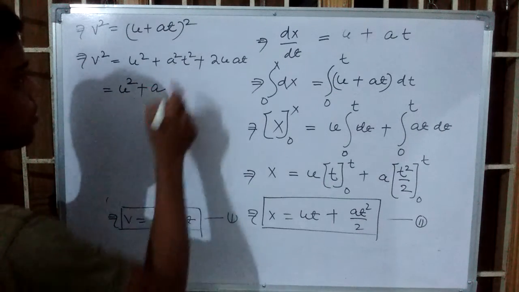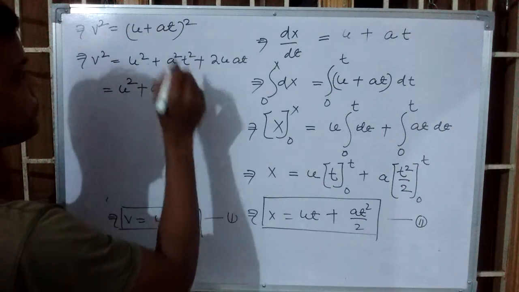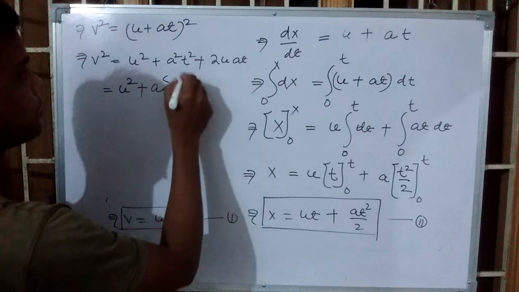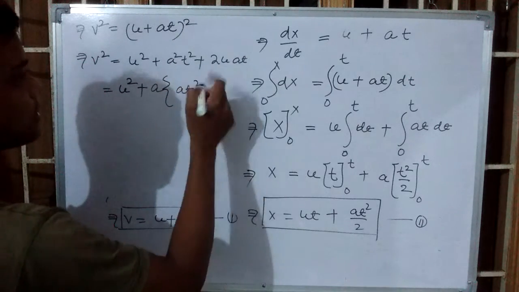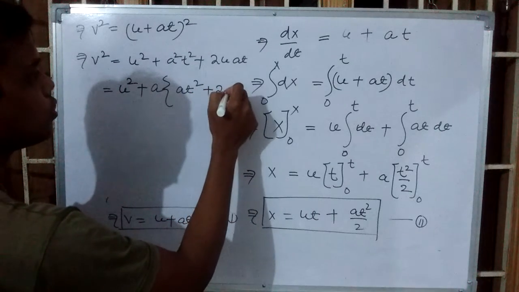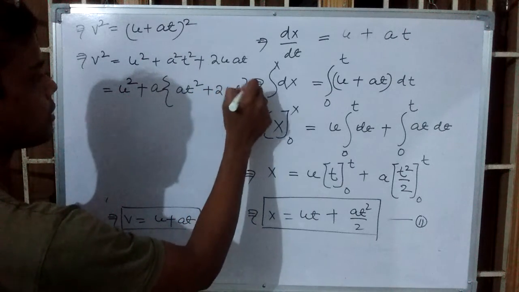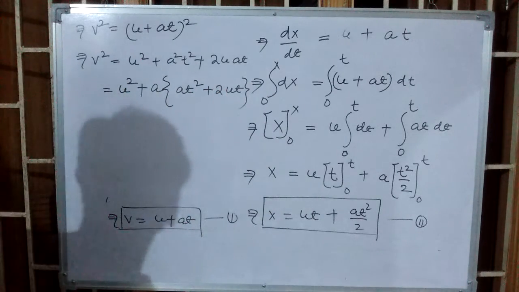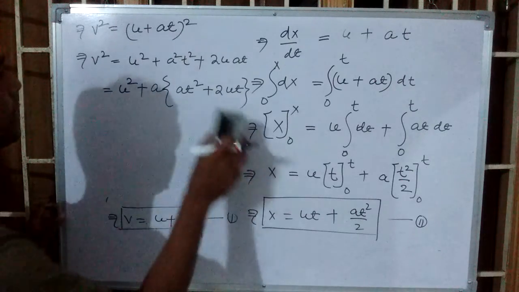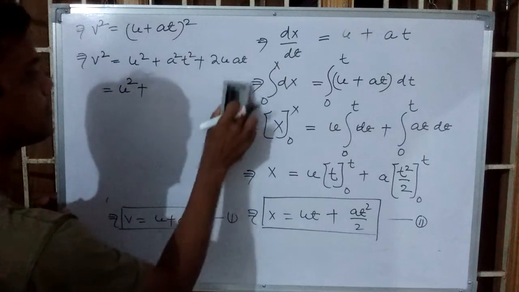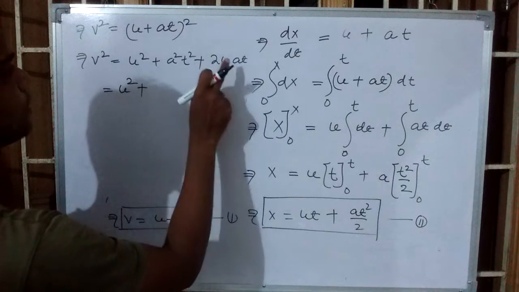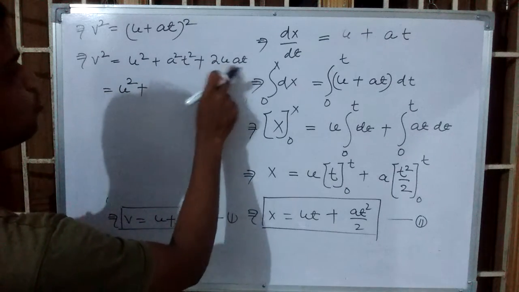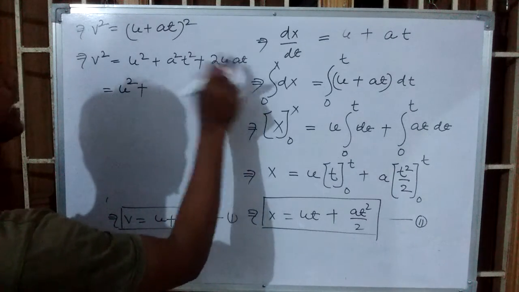On the first term it will be at square, second term will be 2ut. Sorry, I have to take another term also common. Okay, let me write it again. I have to take first a, then 2at. I have to take 2at common.